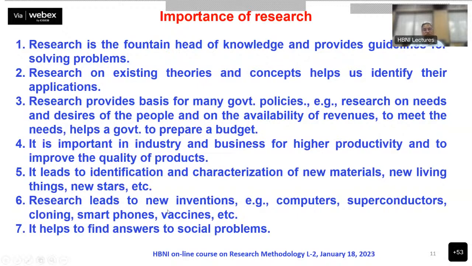Research leads to new inventions like computers, supercomputers, cloning, smartphones, vaccines, etc. You name a thing, and it has come out of research done by somebody. And finally, in society, it helps to find answers to our social problems. So research is all pervading. Whatever you are doing has come out of some research.